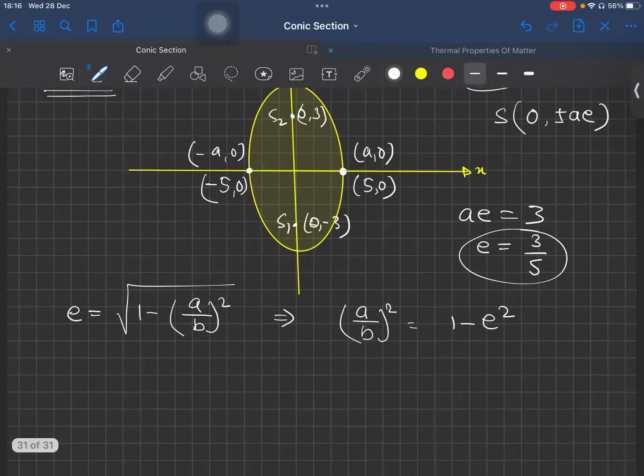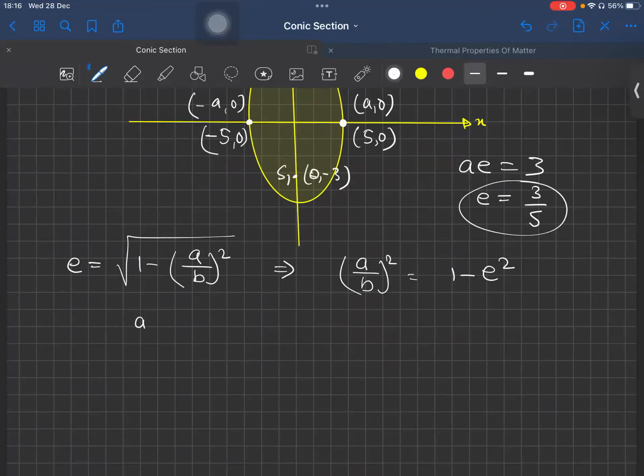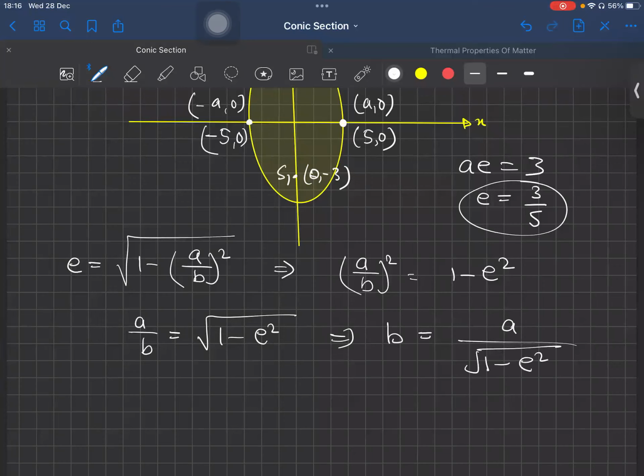That means A upon B will be equal to square root of 1 minus E square. So from here, we need to find the value of B. So this will be equal to A upon square root of 1 minus E square.